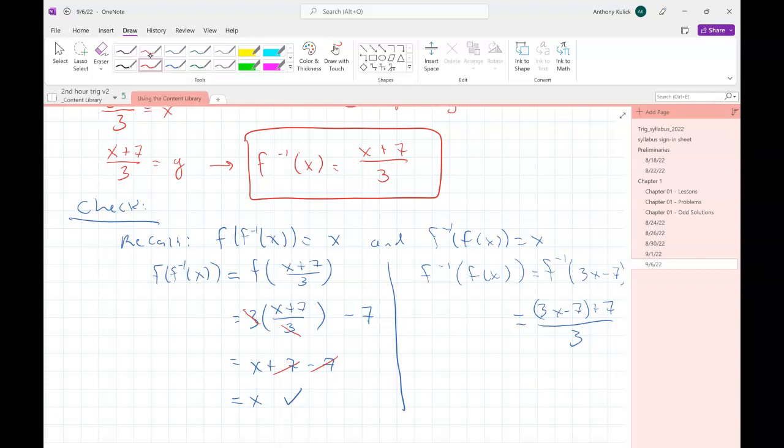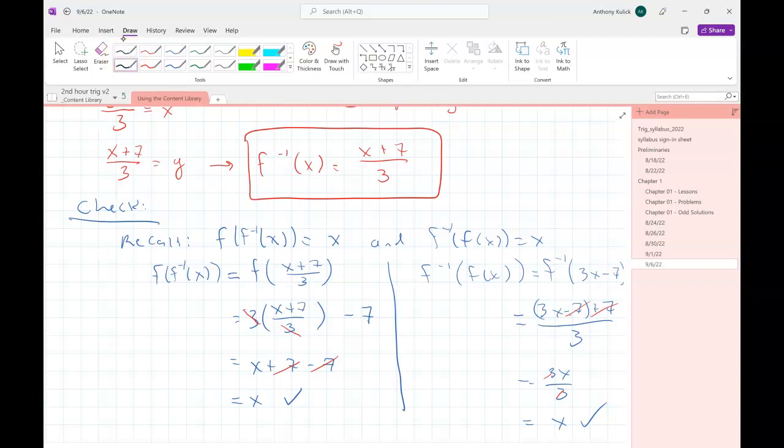There's a right answer here. The minus 7 and the plus 7, right? There's no need for the parenthesis to be there because there's no multiplication going on. Now what can simplify? The times 3 and divides by 3, and we're just equal to x. So these two things are definitely inverses. We have now proven it.